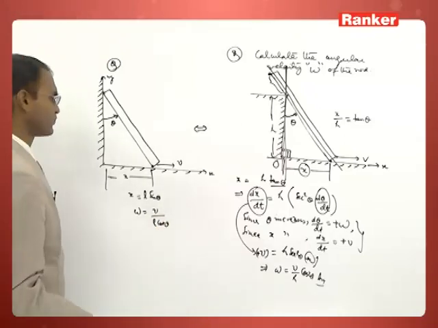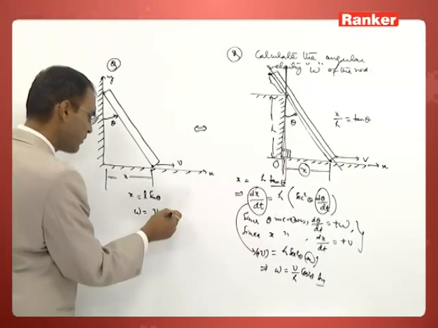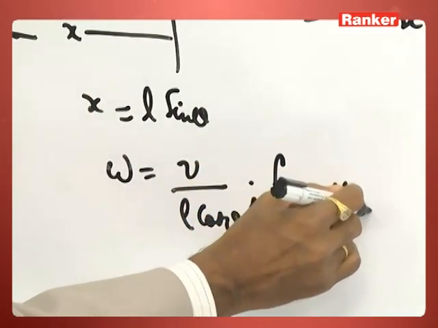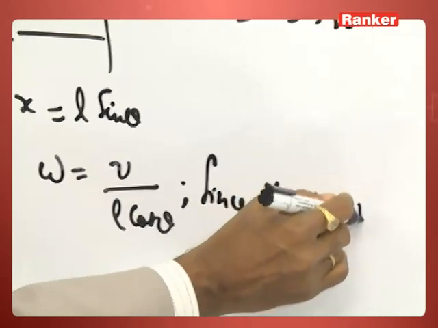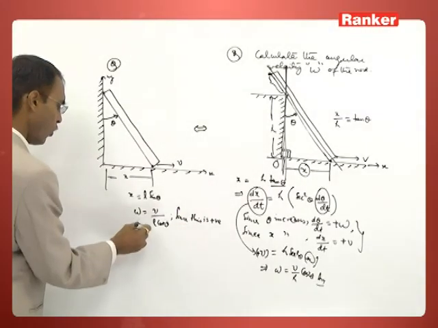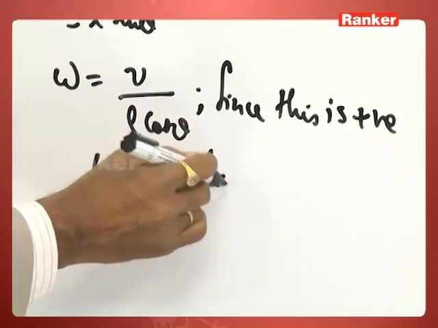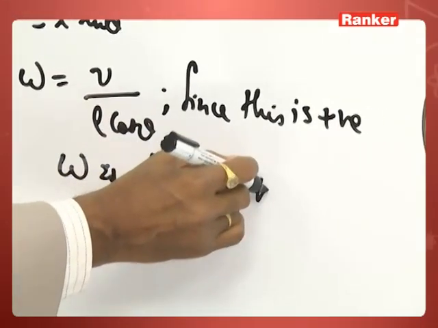Since this is positive, this is positive, omega is anticlockwise.